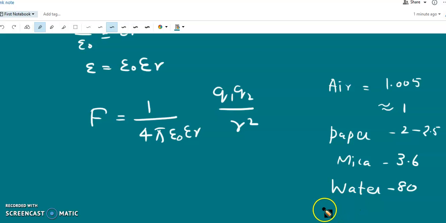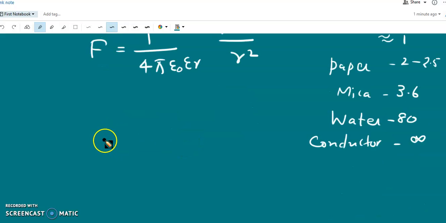So for metals, for conductors, the value of the dielectric constant is infinity. Since the epsilon R comes here in the denominator, the force in any other medium is less than the force in free space.